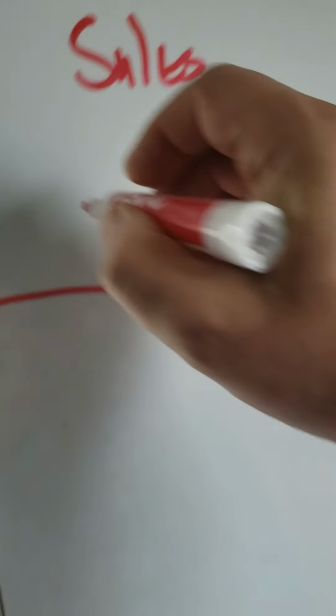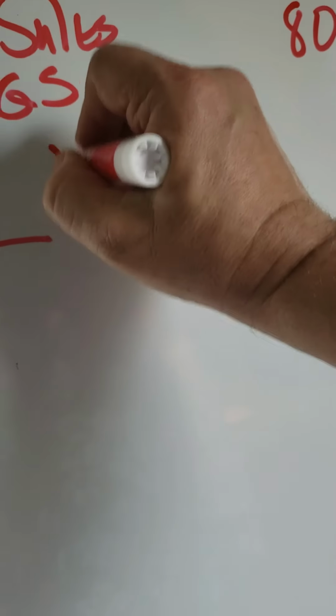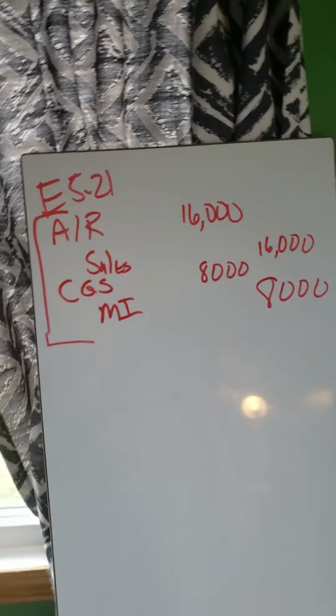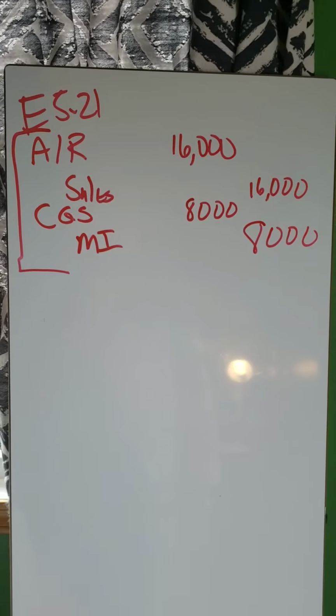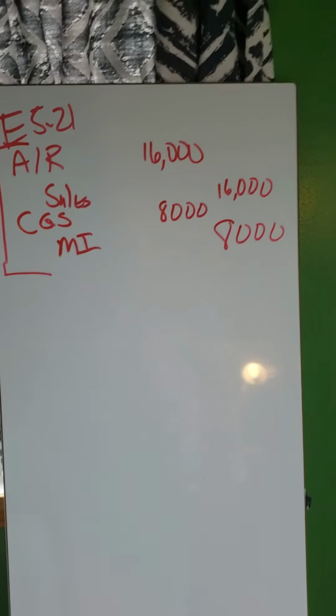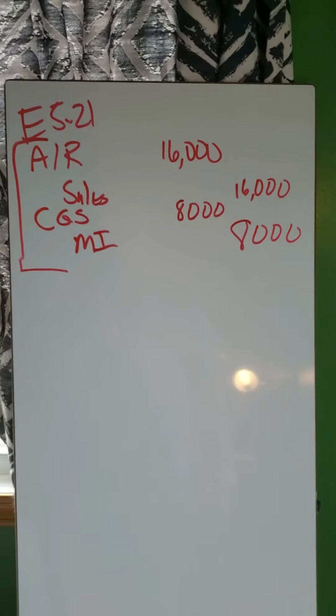The cost of goods sold is $8,000. Remember, when we do a sales transaction, we actually need to hit 4 accounts. This is important for you to remember. The inventory cost is $8,000, so we're going to debit cost of goods sold and credit merchandise inventory, because if we sold it, that merchandise is no longer our inventory. Okay, so there's the first entry.